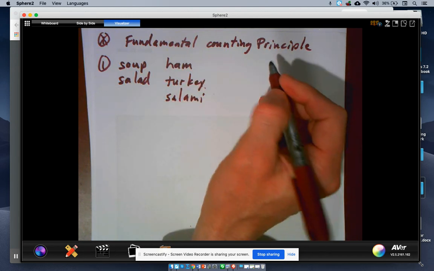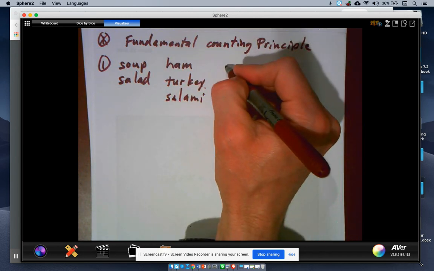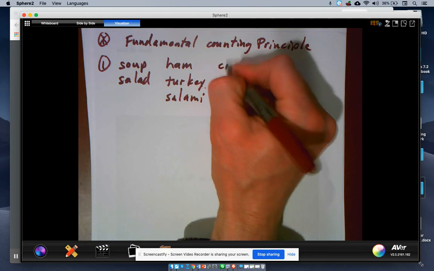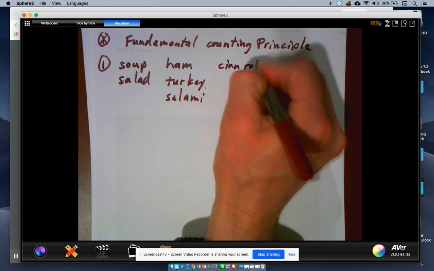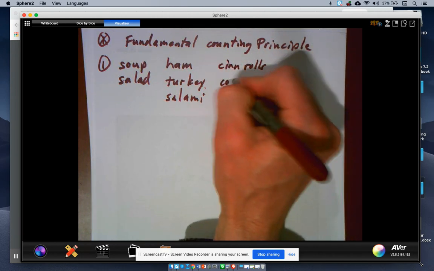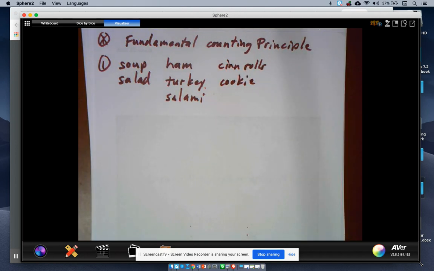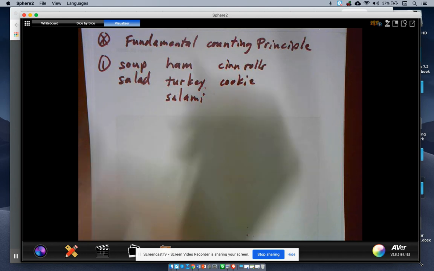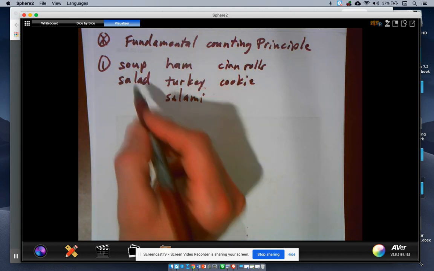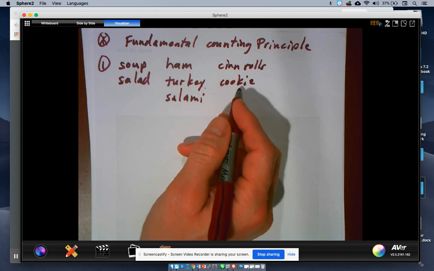And then they had a couple desserts. They had those really good cinnamon rolls. They had one type of cookie, chocolate chip, right? So the question is, how many different lunches could I make if I selected one from this column, one from this column, and one from that column, right?